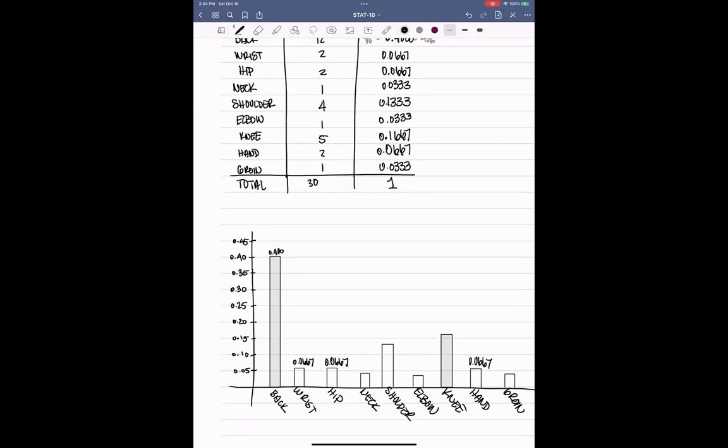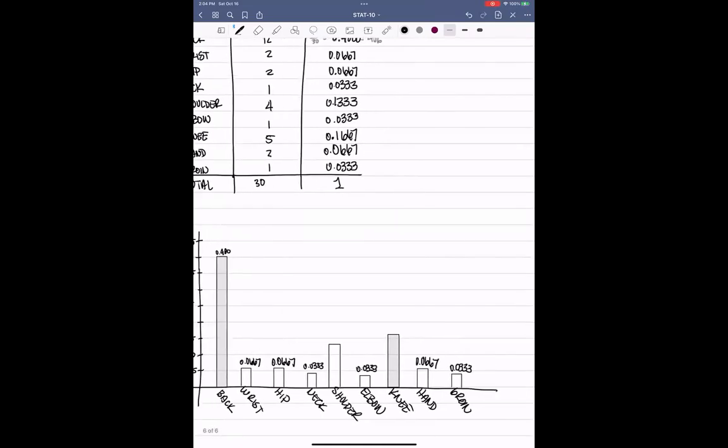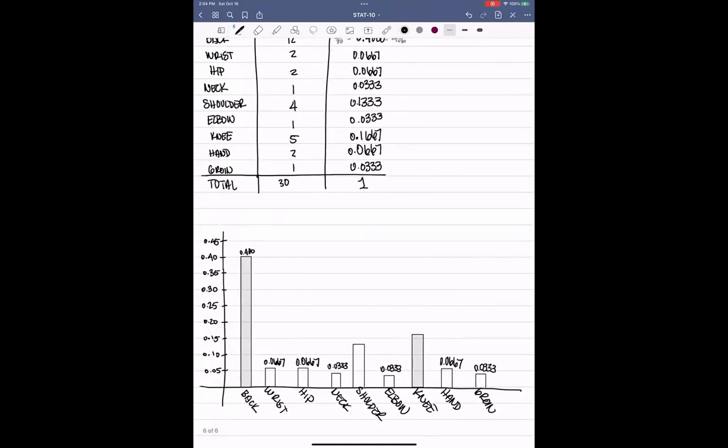Neck was 0.0333, same thing here, and same thing here. Then shoulder 0.1333, knee 0.1667.